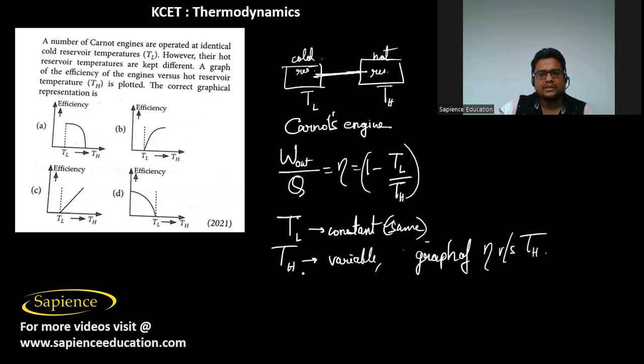Now, as you can see, at TH equals TL, the efficiency will become 1 minus 1, that is 0.